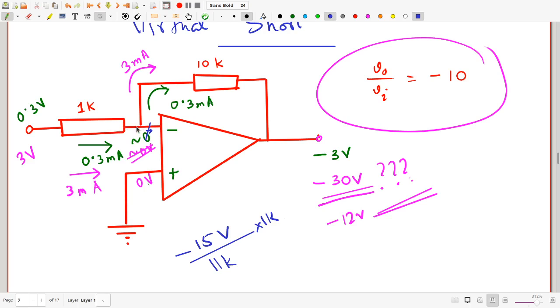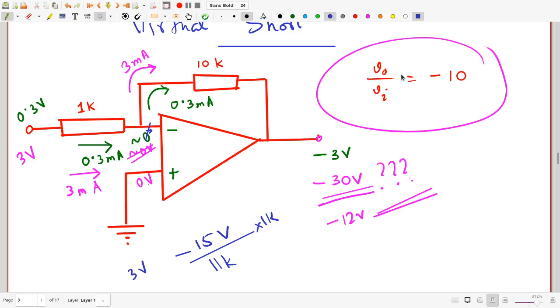So what is the voltage at this point? It's simply 3 volts minus this. So a bit more smaller than 2 volts. So as you have seen, you have made an assumption of virtual ground when you derive this expression for VO by VI, and that will work as long as the op-amp stays in the linear region.